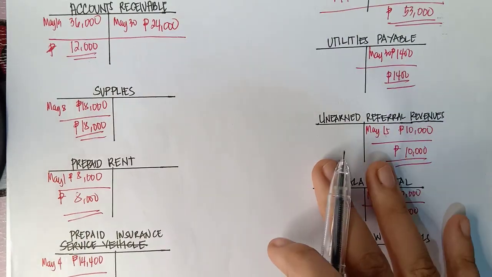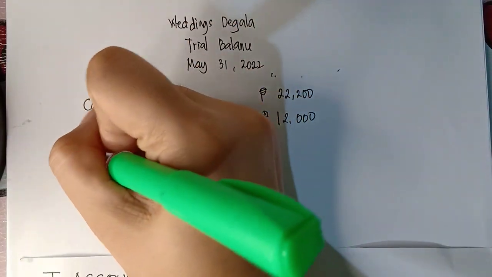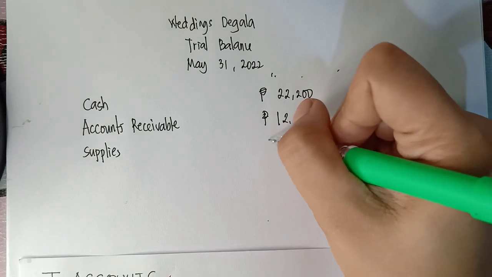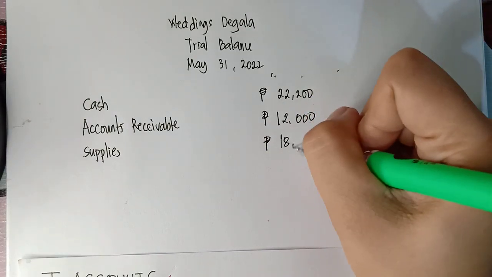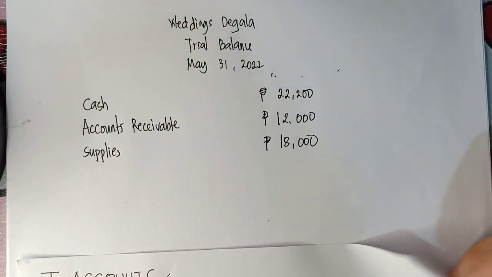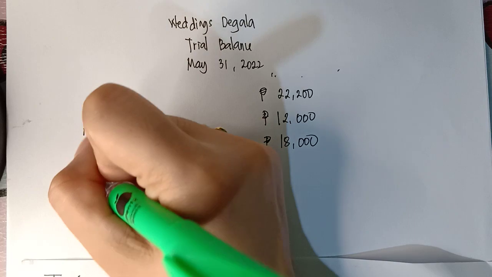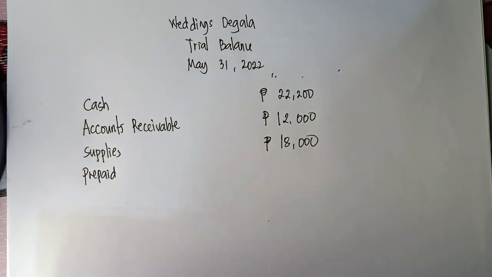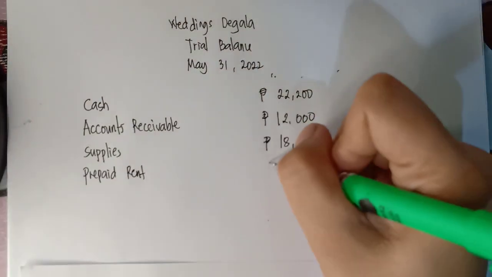How much are the supplies? 18,000, on the debit side. So let's put supplies for 18,000. Next is the prepaid rent for 8,000.